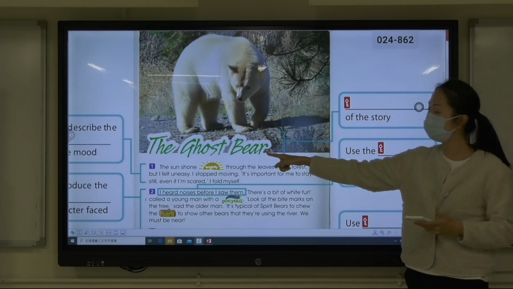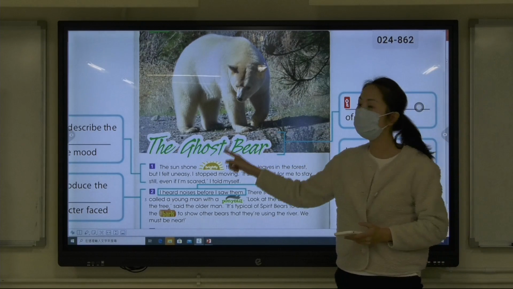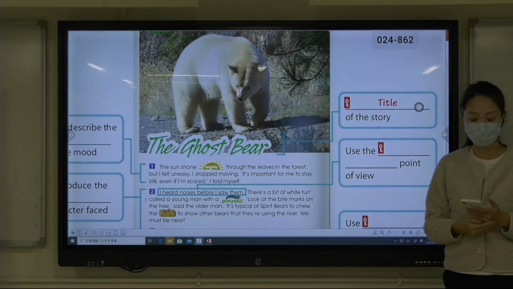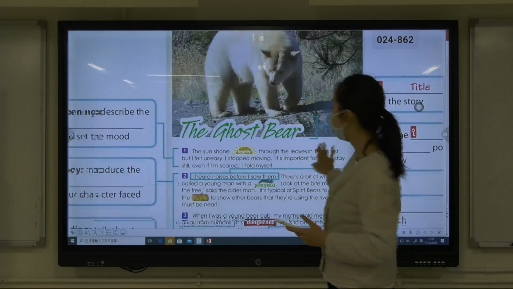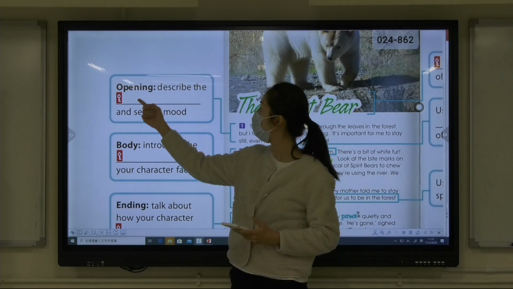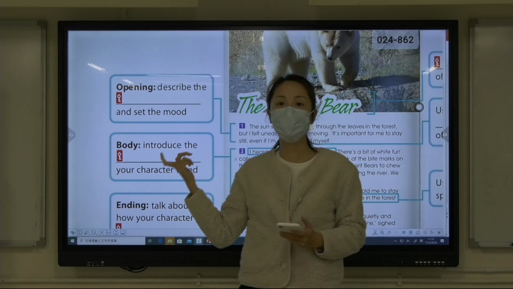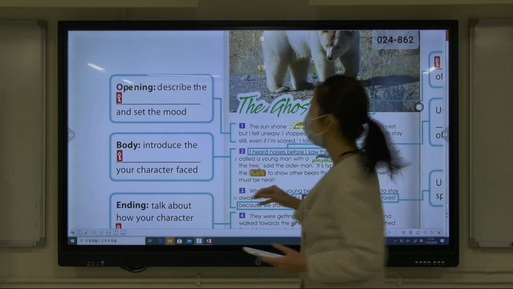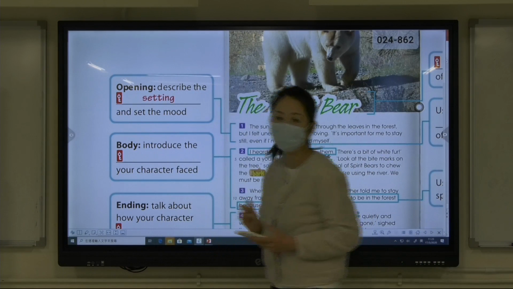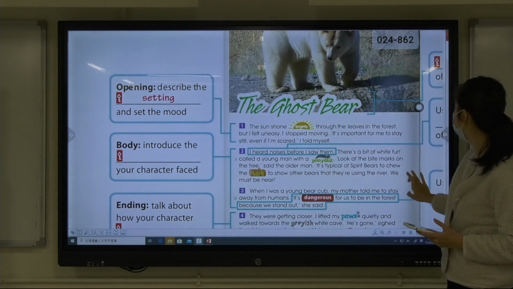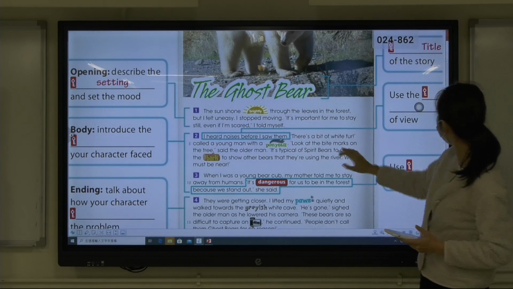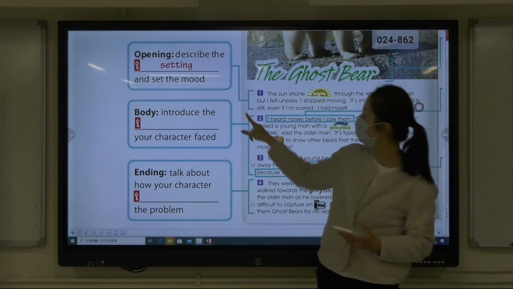So this one is very obvious. The Ghost Bear. This is the title of the story, right? And then the first paragraph, opening, describe and set the mood. At the very beginning, we have to talk about the setting, right? And then let's look at the first sentence. Let's look at the body paragraph.